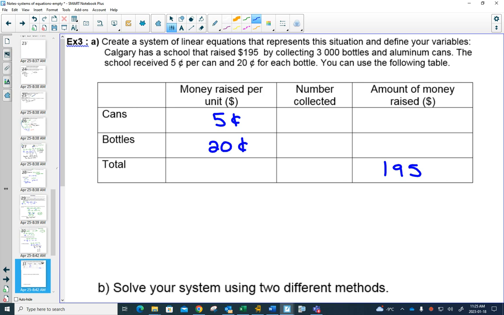It says in dollars. Does it say to do everything in dollars? Money raised per unit. Oh, that's odd. Yes, there's the dollar sign. 0.05 and 0.20. Thank you for noticing that. We don't know the number collected of cans. We don't know the number collected in bottles, but we know that there was 3,000 in total.